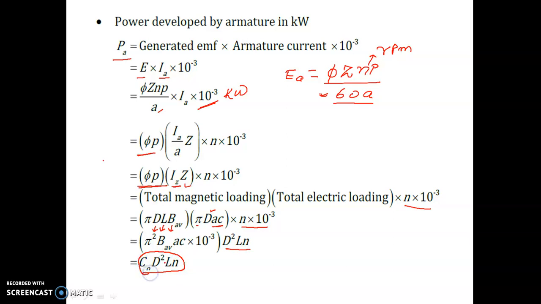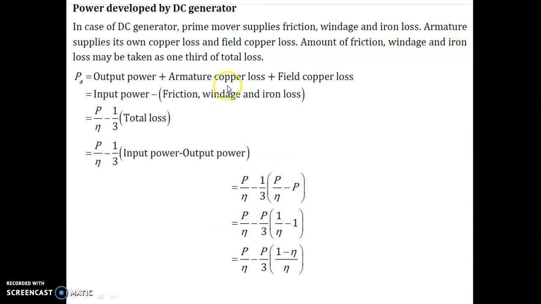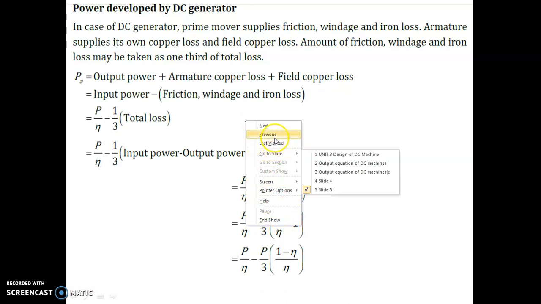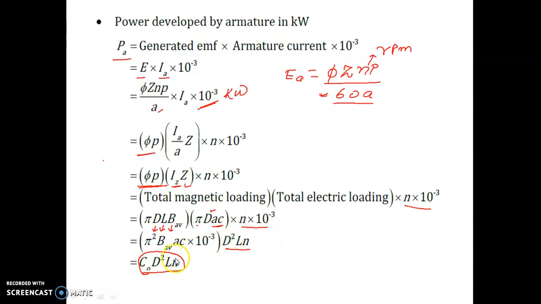So this equation is the output power equation, where C naught D square L multiplied by n is given here. This is our output equation of the power developed by armature in kilowatt.